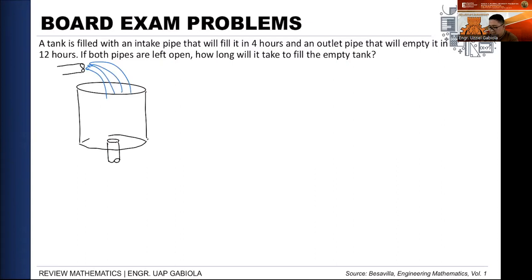Sabi, pag si intake pipe alone, kaya niyang i-fill ng 4 hours, no? So kung yung one whole work niya is 4 hours, in 1 hour ano yung rate niya? That will be 1/4. Okay? Ito yung para kay inlet pipe. Okay? Si outlet pipe, kaya niyang i-empty in 12 hours. So yung rate niya magiging 1/12.